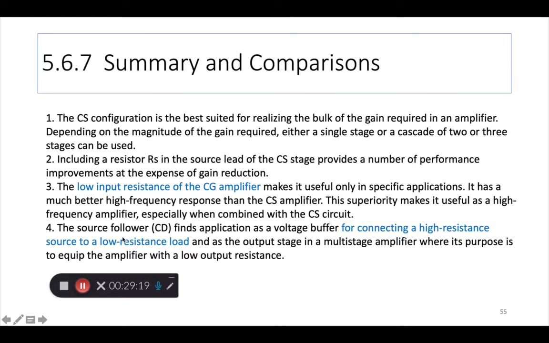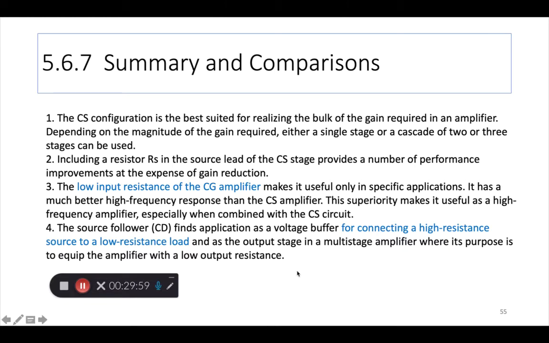Lastly, the source follower or the common drain amplifier finds application as a voltage buffer for connecting a high resistance source to a low resistance load. So if you have a load, again I always use the example of a speaker, because as some of you may know, the resistance can be as low as 8 or 16 ohms. At least the old style speakers with a cone and all that, a moving membrane.